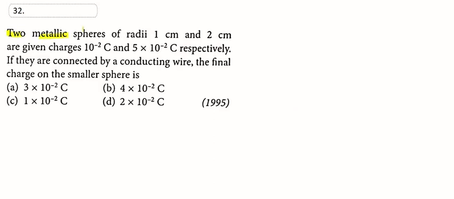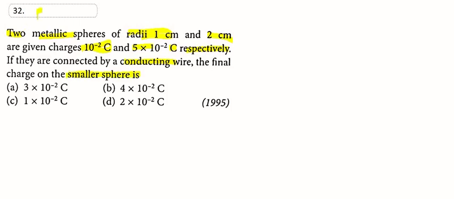Two metallic spheres of radii 1 centimeter and 2 centimeter are given charges 10 to the power of minus 2 and 5 into 10 to the power of minus 2 coulomb respectively. If they are connected by a wire, find the final charge on the small sphere.